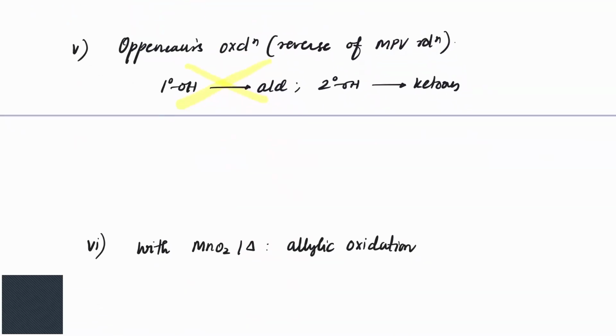Next is Oppenauer oxidation. Oppenauer oxidation is simply the reverse of MPV reduction. We have seen this in MPV reduction. Suppose you have RCHOHR', a 2 degree alcohol, and that has been added with some ketone, especially acetone, and then we have aluminium isopropoxide added and heat.